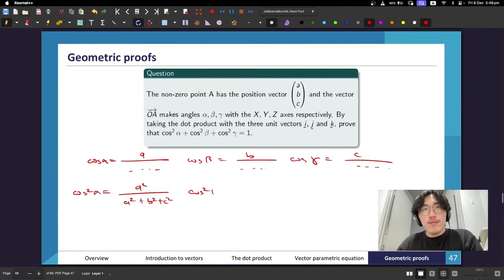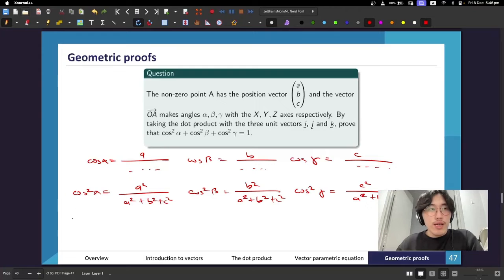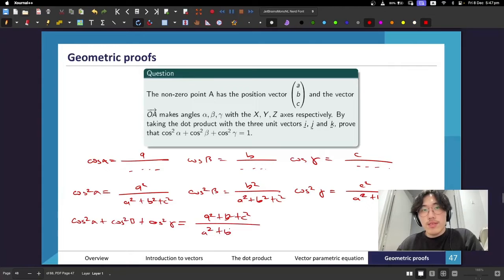Cos squared beta equals b squared on a squared plus b squared plus c squared. And cos squared gamma equals c squared on a squared plus b squared plus c squared. And then if you add all these together, cos squared alpha plus cos squared beta plus cos squared gamma will equal a squared plus b squared plus c squared all over a squared plus b squared plus c squared, which obviously becomes 1. And then we complete our proof.